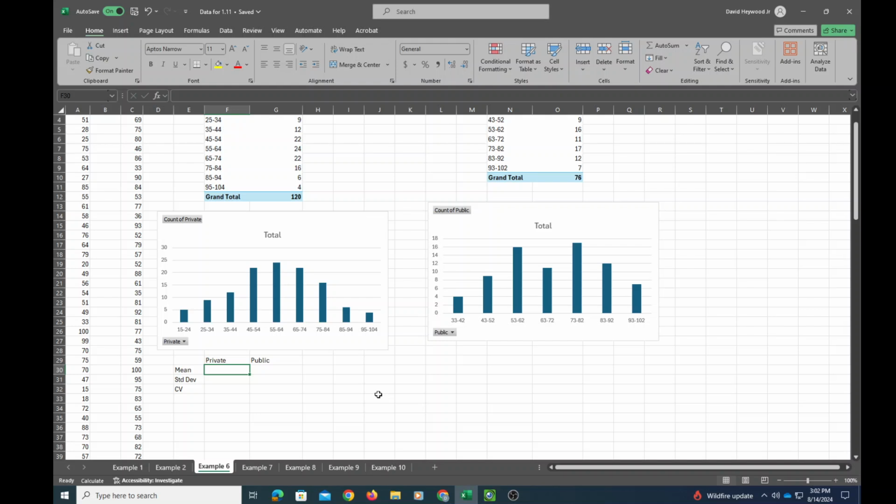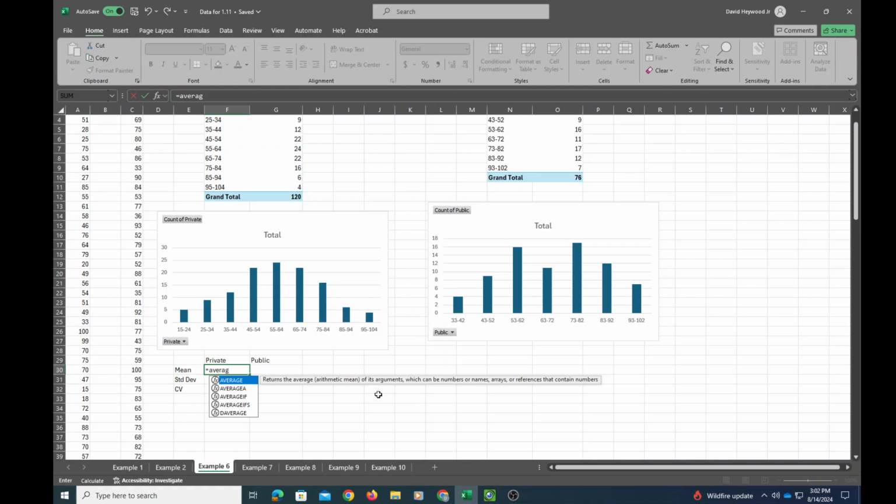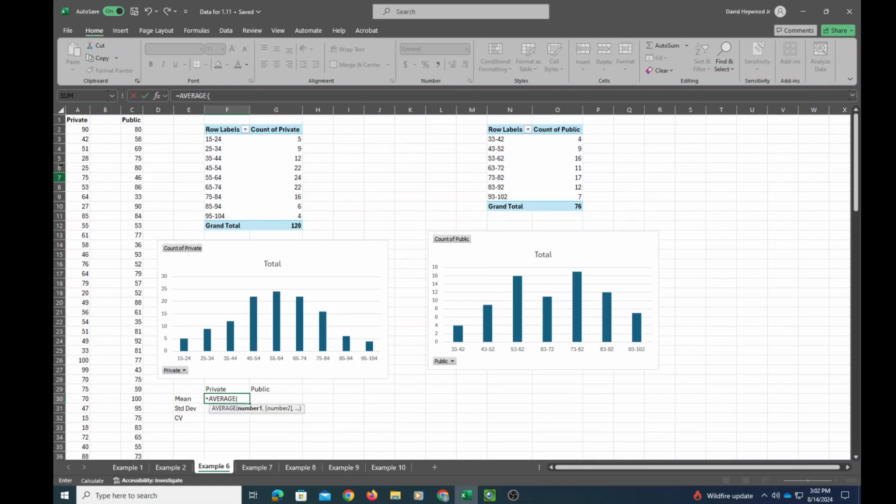So let's compute these things. For the mean of private schools, I'm going to say equals average, and then select the private schools. For the mean of public schools, I'm going to say equals average, and select the public schools.